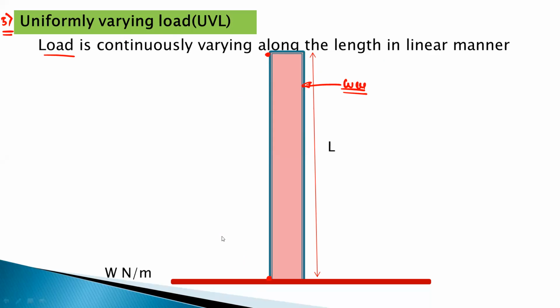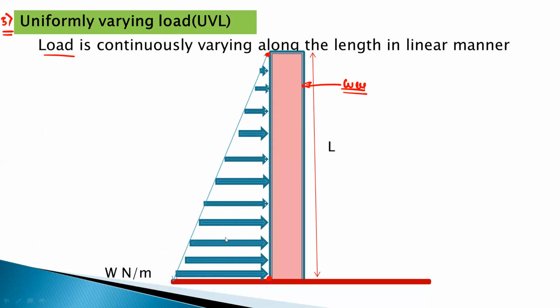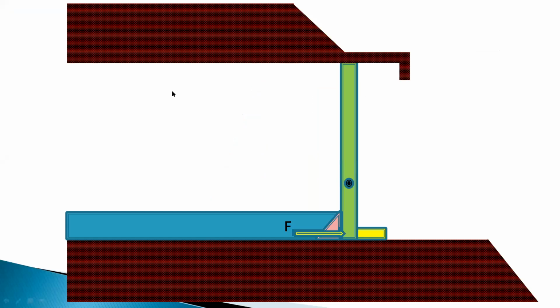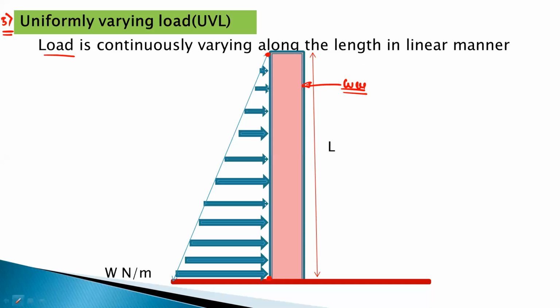You can see here, this is the load intensity. At the topmost point, the load intensity W is taken as 0, and it gradually varies and becomes the maximum value, that is W Newton per meter. Such type of load is called a uniformly varying load.